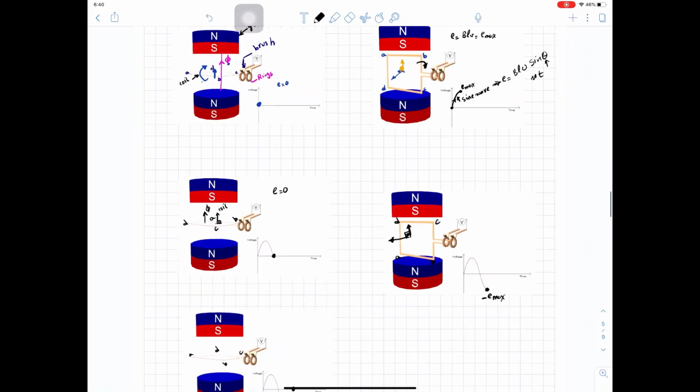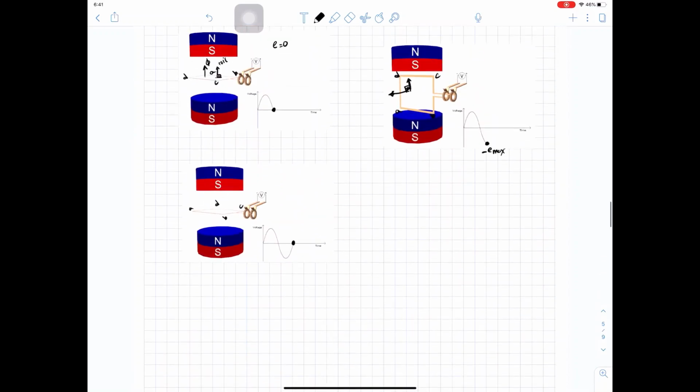So if we take one coil, this is one coil, and we need to sketch the voltage between these 2 points.